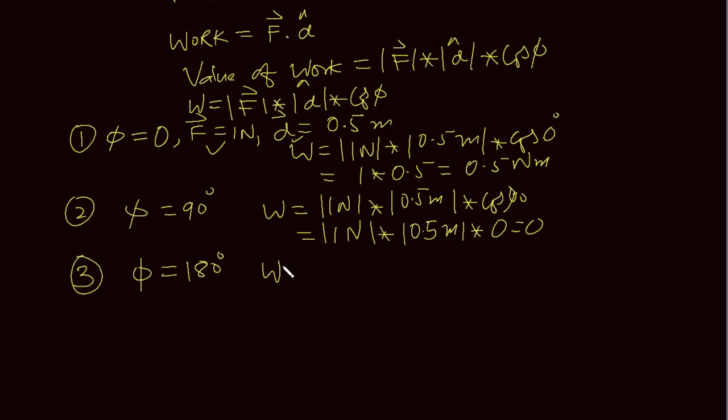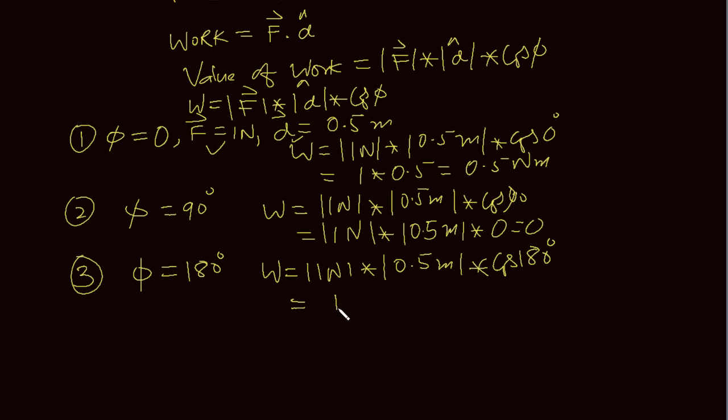So we plug in the values again. 1 Newton, 0.5 meter multiplied with cos 180 degrees, and cos 180 degrees is minus 1.